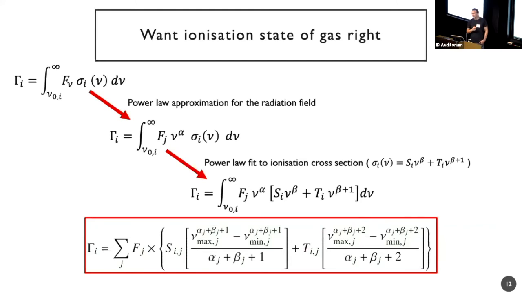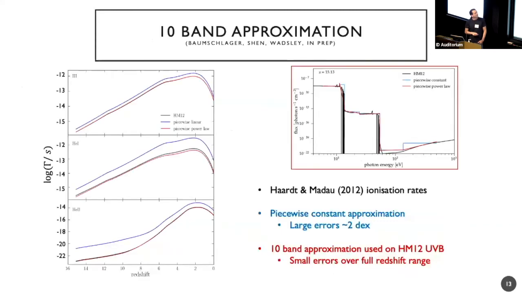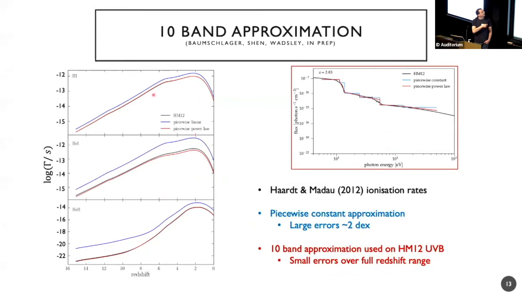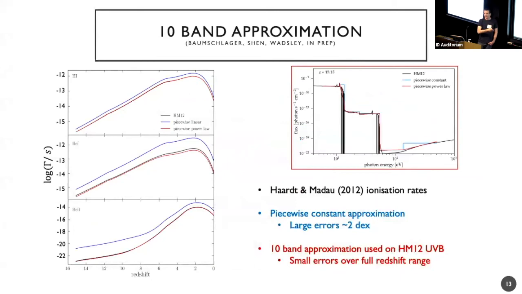But now I tell you that's a nice equation, but how does it actually look? Is this any good? If we consider just the Haardt and Madau background in a theoretical calculation, the black lines over here, which are very close to the red ones, are what we would expect from numerically integrating the first short equation.